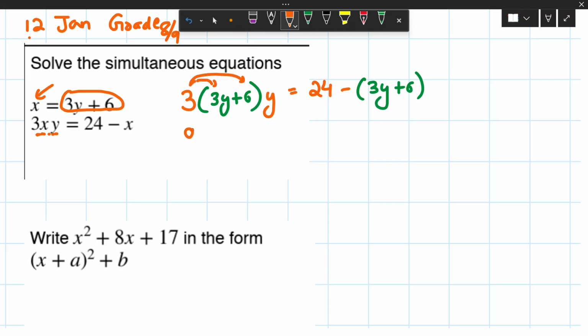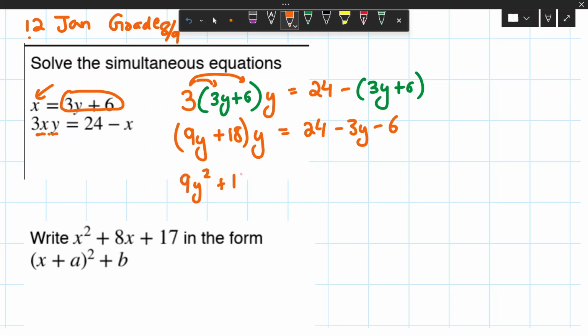So that'll be 9y plus 18 lots of y equals 24. Take away 3y, take away 6. So that'll be 9y squared plus 18y is equal to 18 take away 3y.